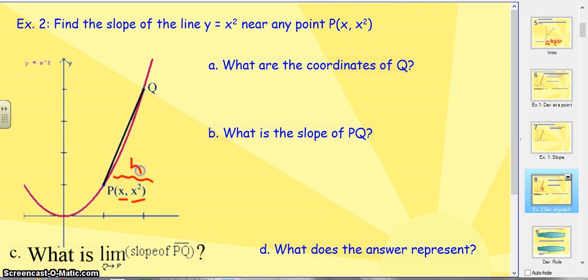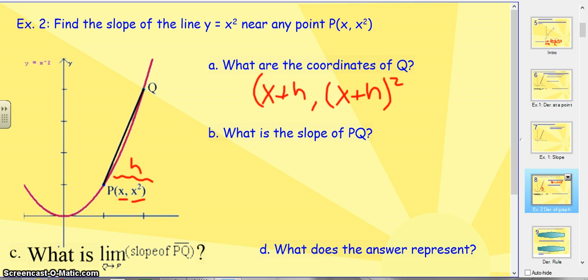This is reviewing what we did last time. Q is going to be x plus h and then x plus h squared. In other words, we're plugging in x plus h for x. Now I want to know what the slope is at PQ.